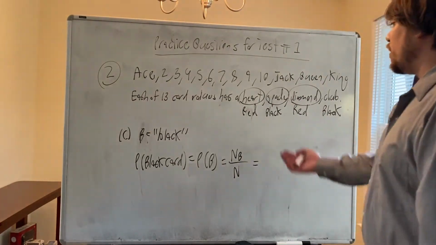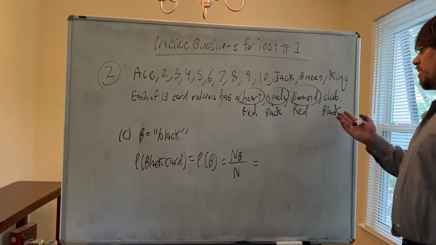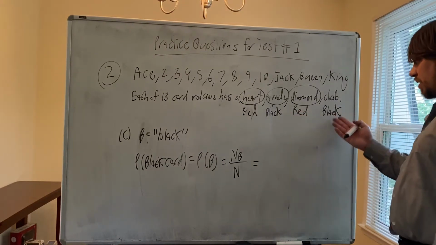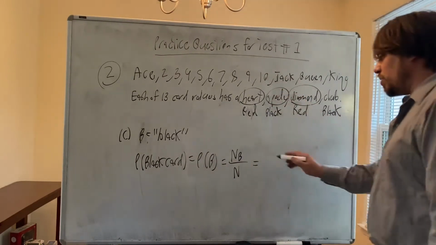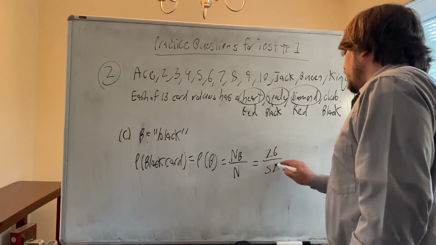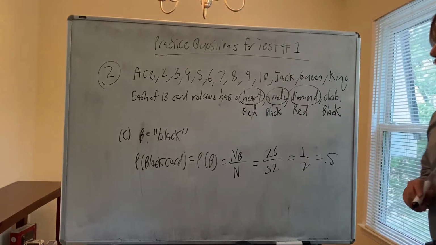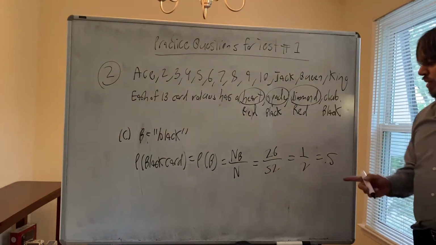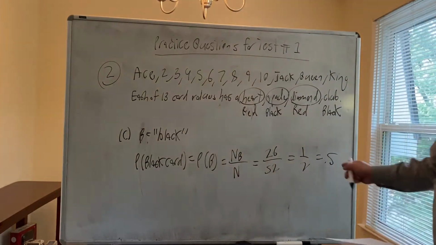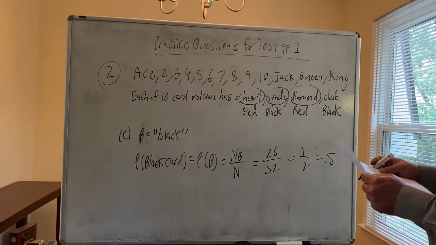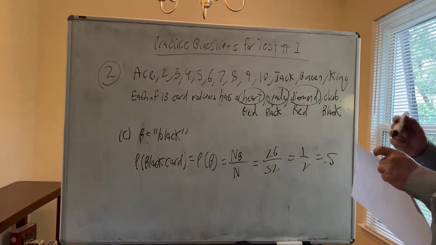Well, there's 13 black spades and 13 black clubs, looking at the way I defined it. There's 26 total black cards in the deck, divided by 52, the total number of cards in the deck. You can simplify it, that's 1/2 or 0.5 as a decimal. The probability of a black card is 1/2 as a fraction in simplest form, or 0.5 as a decimal. That's part C, so that one's easy.